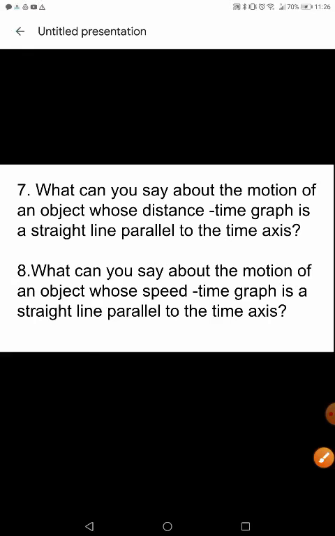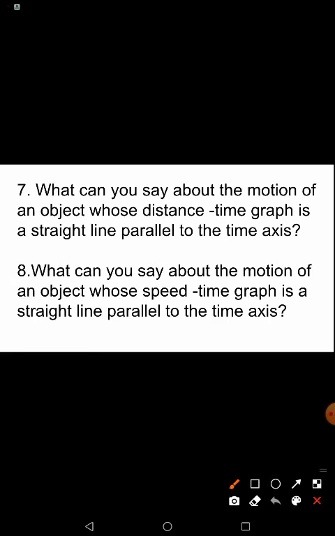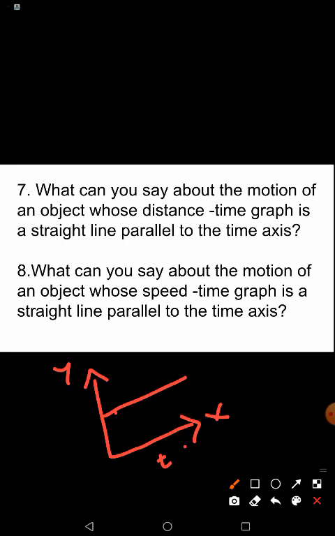Clear? Next is, what can you say about the motion of an object whose speed time graph is a straight line parallel to the time axis? Speed time graph, right? A line parallel to the time axis, like this. So this is your speed.